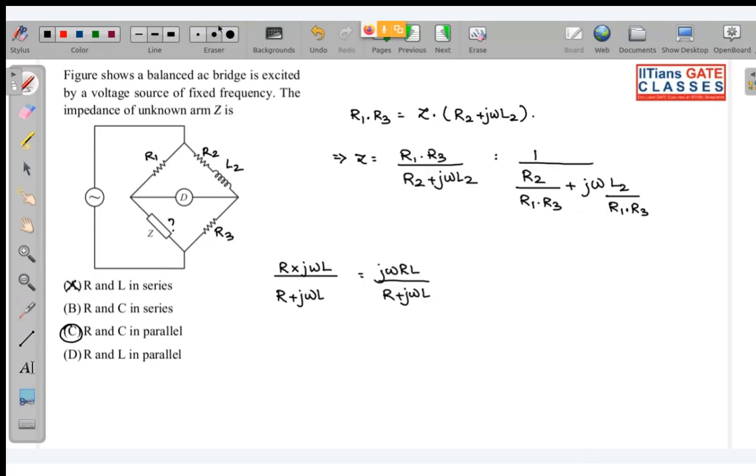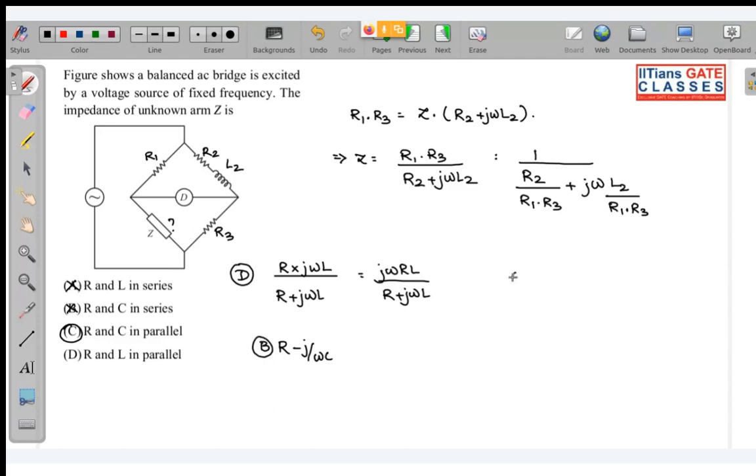So option A is wrong. Next is option B, R and C in series. It looks something like this, but this is not looking like this. Once again, option B is wrong. Okay, sorry, this was R and L in series. I have done R and L in parallel. So this is option D. I'm very sorry, I read it wrong. So this is option B.